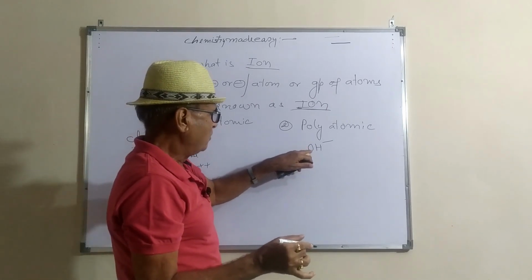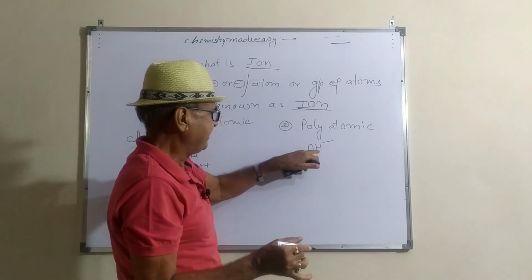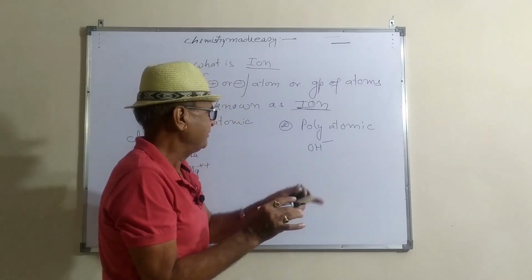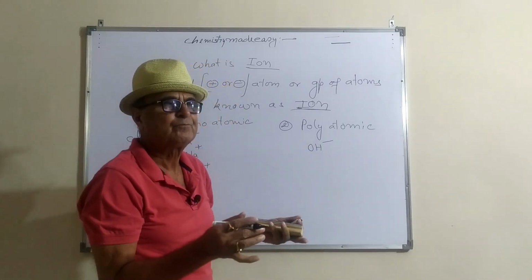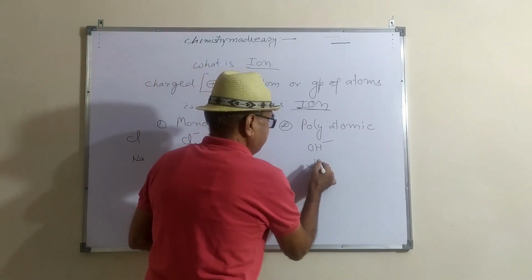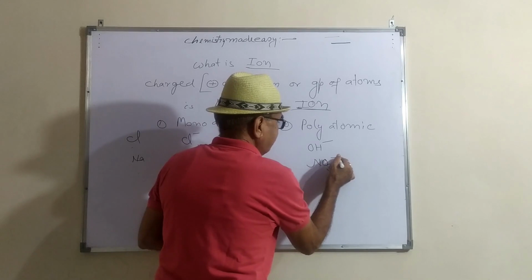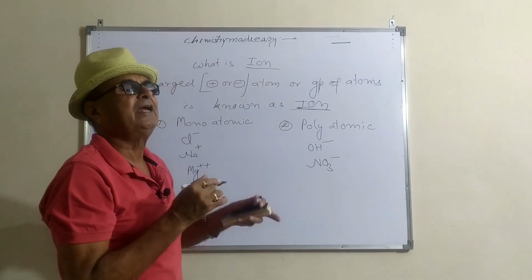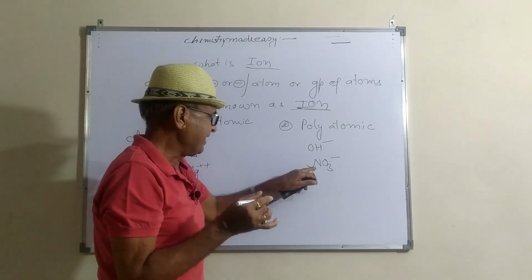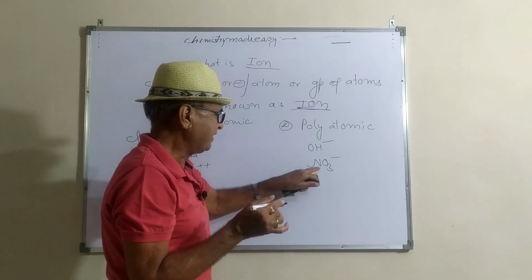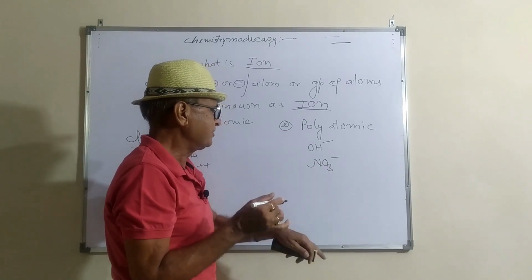This ion contains an oxygen atom and an H atom, so it consists of two elements, oxygen and hydrogen. So it is polyatomic. Then comes NO3 negative. This is nitrate, and nitrate contains one atom of nitrogen and three atoms of oxygen.